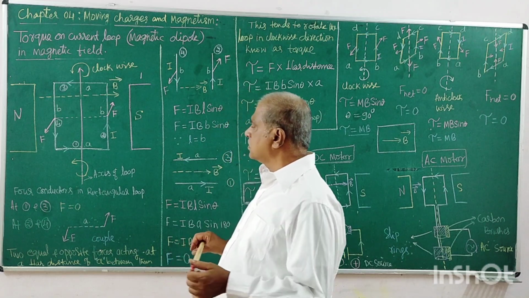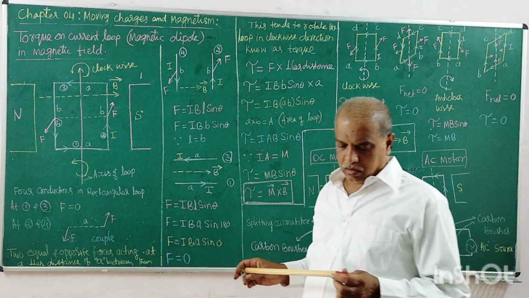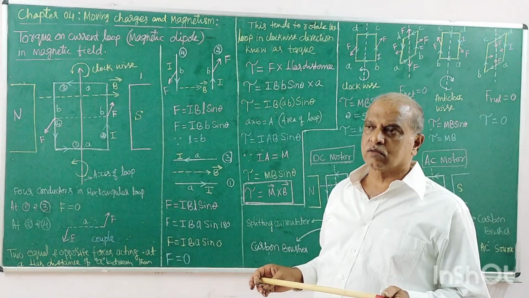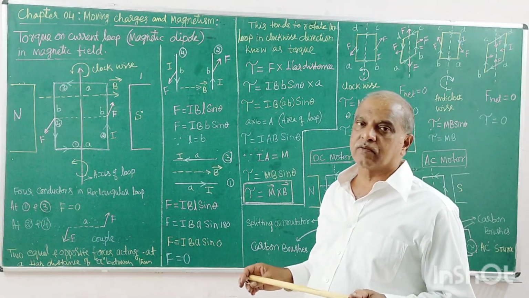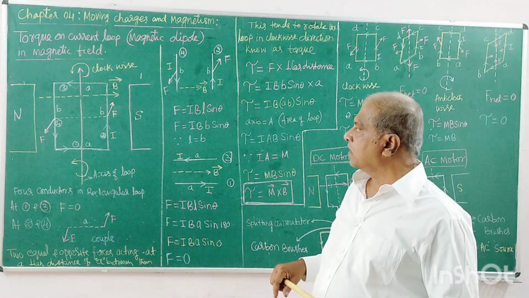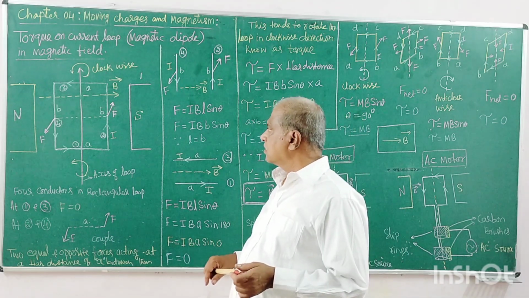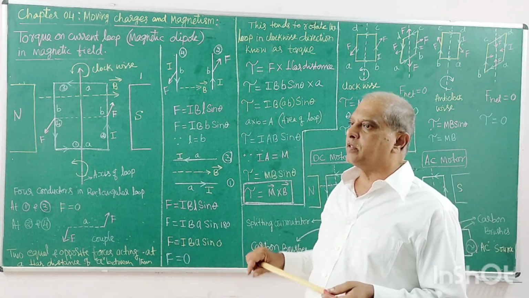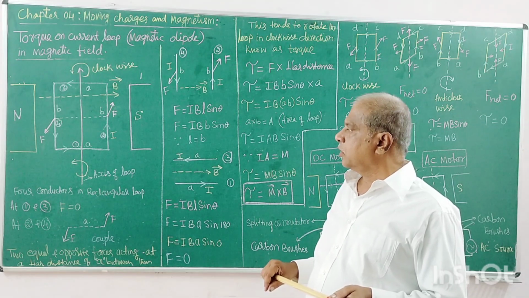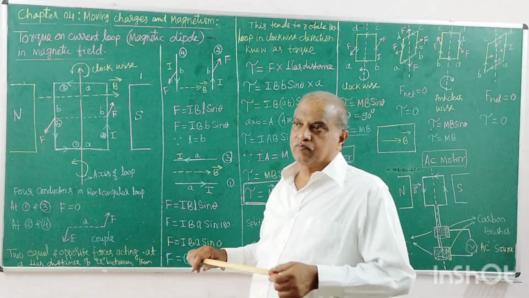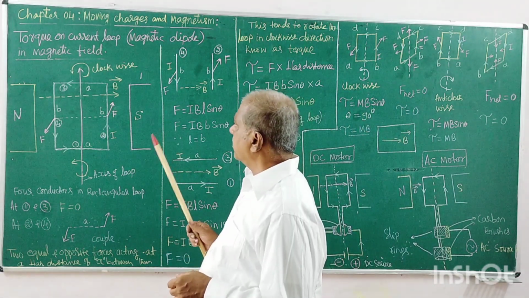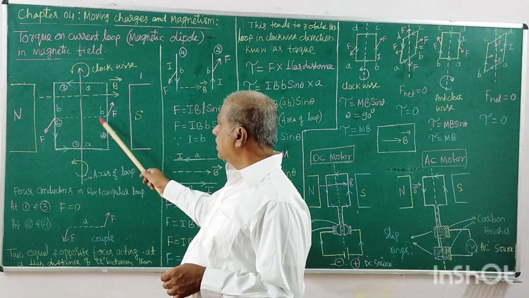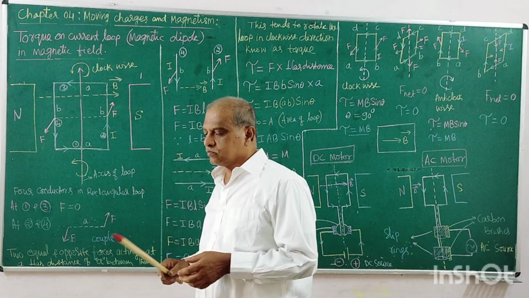This rotation is due to the magnetic forces arising at the conductors, which is in turn due to the interaction between the two magnetic fields, that is the magnetic field by the loop itself and the external magnetic field.